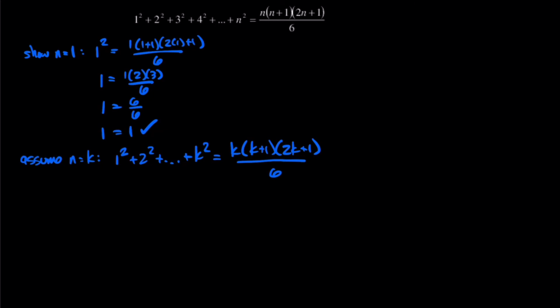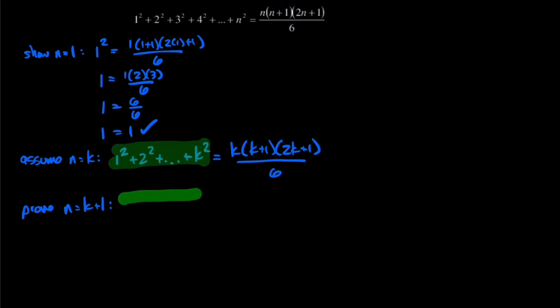And this is the critical step. Prove n equals k plus 1. This is what's critical. I need to use all of this here. Because to get to n equals k plus 1, you have to use n equals k. You have to use all of this here.